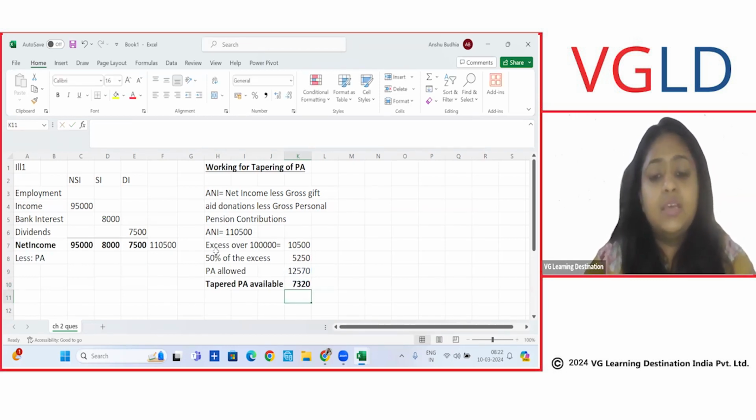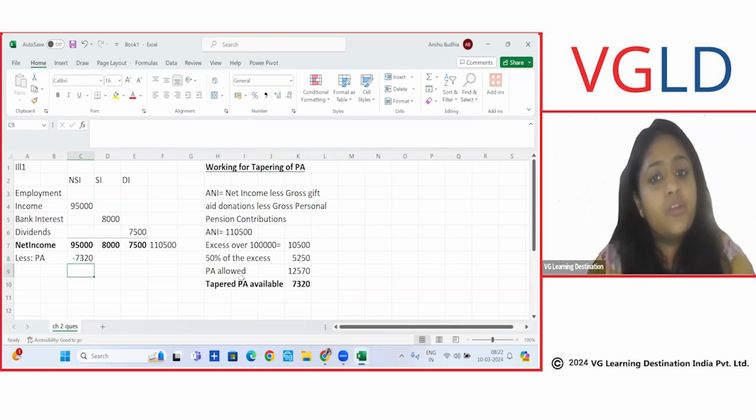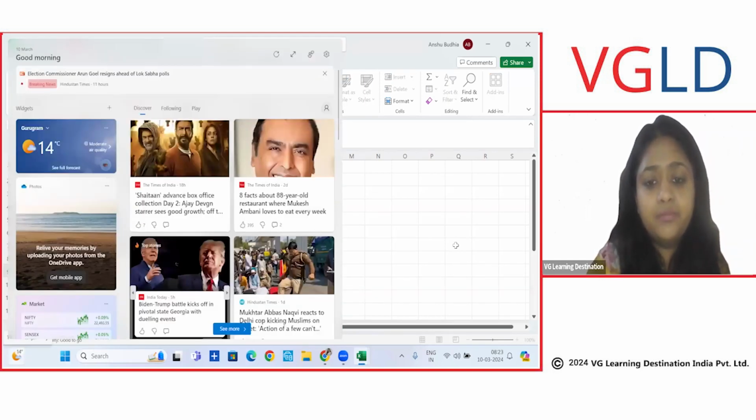That is 5250. So I'm left with 7320. I will reduce here only 7320. I hope I'm clear till this point, tapering of PA. If there are any queries, please put up in the chat box, people. Now I'll calculate the taxable income.